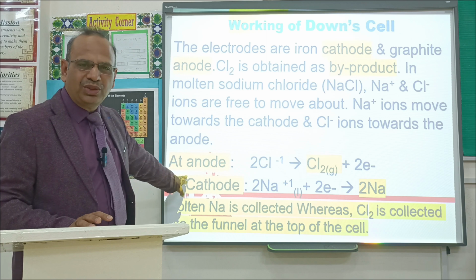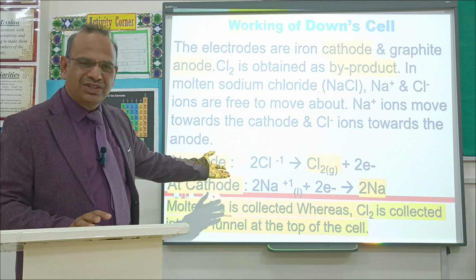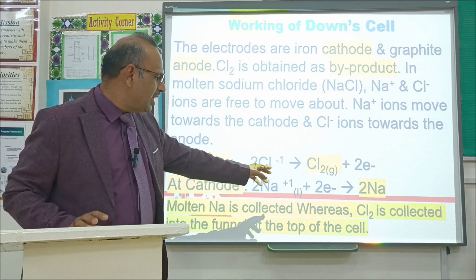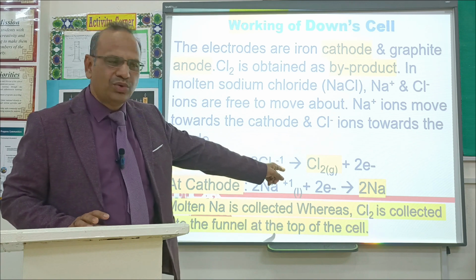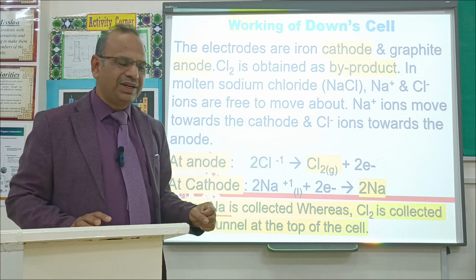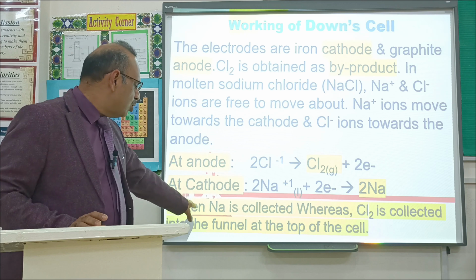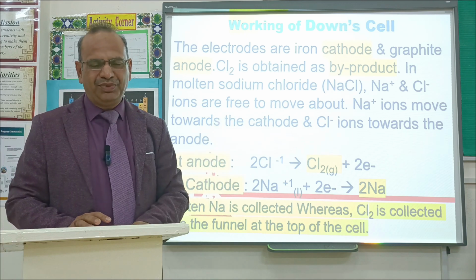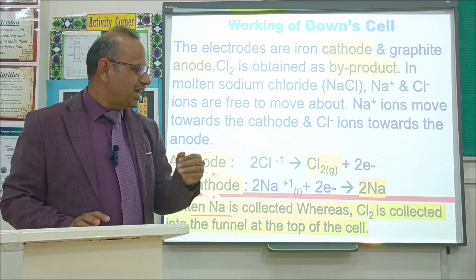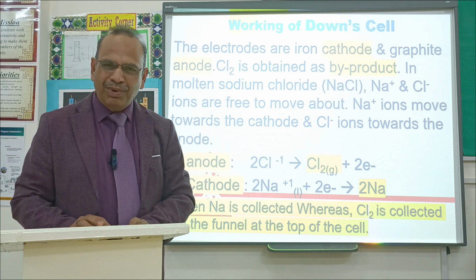On the other side, at the cathode, which is negatively charged, sodium ions go there and, after gaining electrons, change into sodium metal. In this way, molten sodium is collected, whereas chlorine gas is obtained as a byproduct.